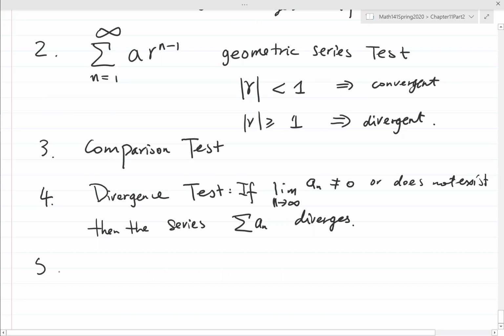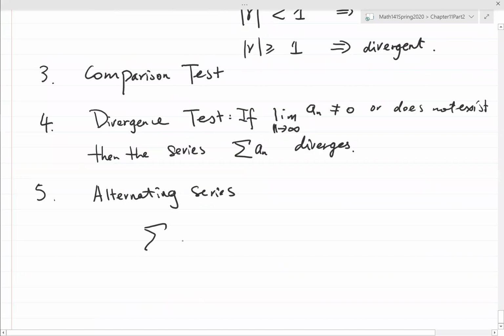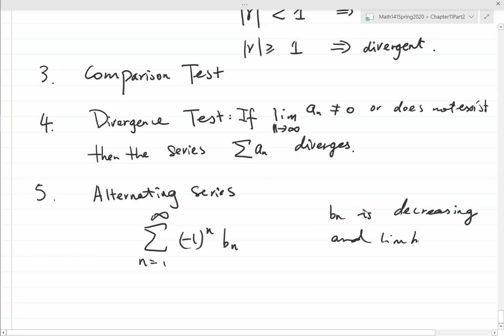And then we have the alternating series test, which says the series has alternating factors, -1 to the power n or n minus 1, n from 1 to infinity. To apply it, we need to make sure bn is positive and decreasing, and its limit is 0.